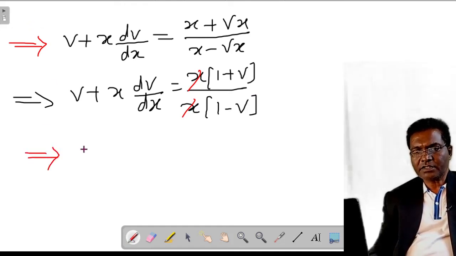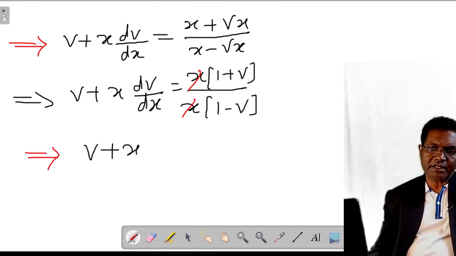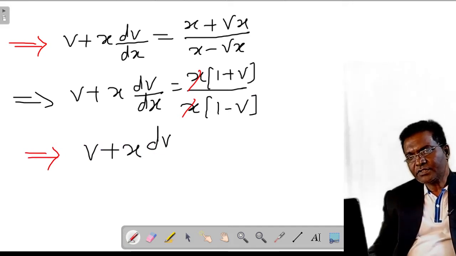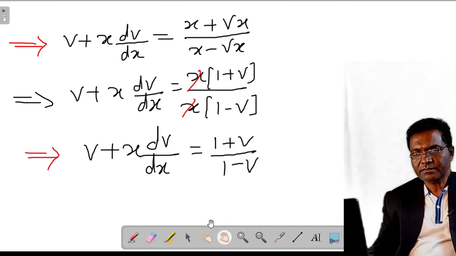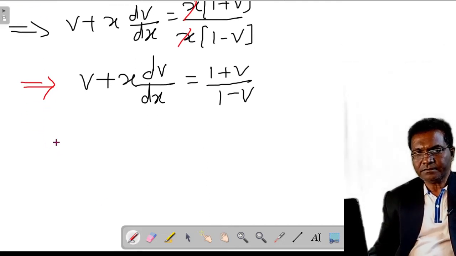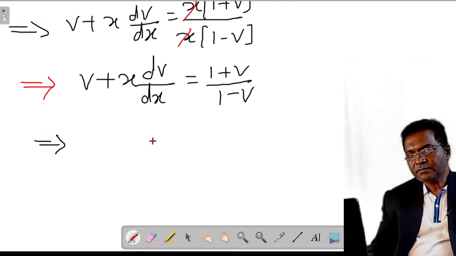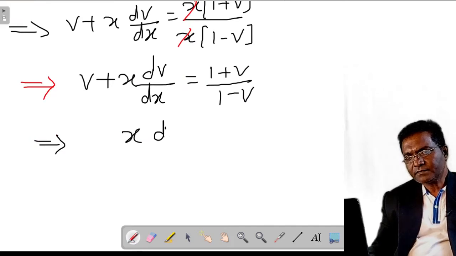Now we have to try to separate the variables. v plus x into dv by dx is (1 plus v) by (1 minus v). First transfer v this side.